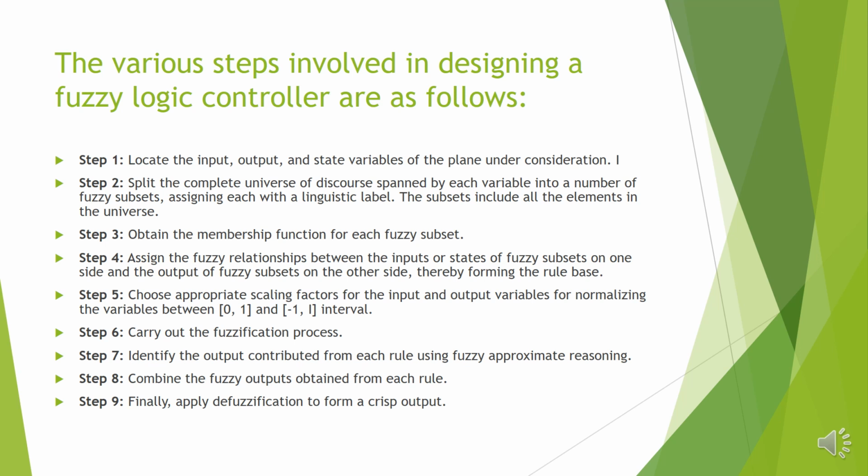Assign the fuzzy relationships between the inputs or the states of the fuzzy subsets on one side and the output fuzzy subsets on the other side, thereby forming the rule base. Then choose the appropriate scaling factors for the input and output variables for normalizing the variables between the 0 to 1 interval, or we can take the -1 to 1 interval also, and carry out the fuzzification process, then the inference process, and finally defuzzification to form a crisp output.